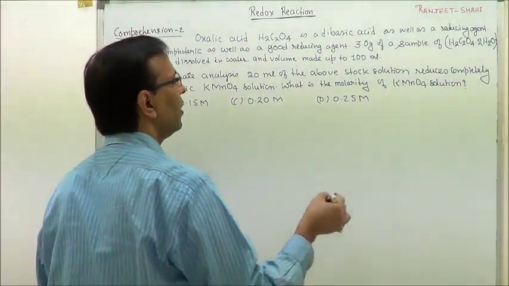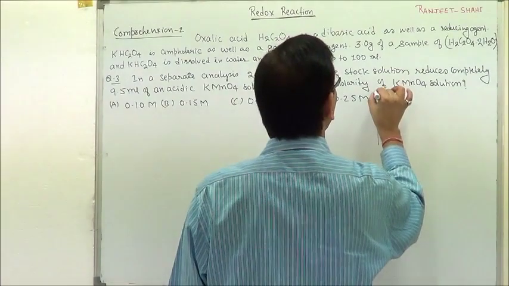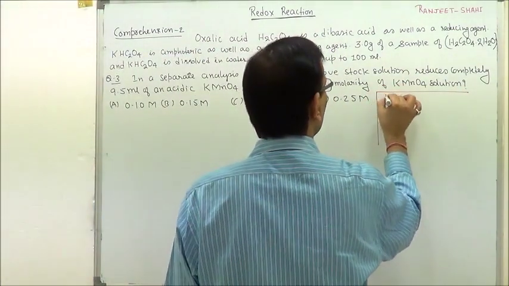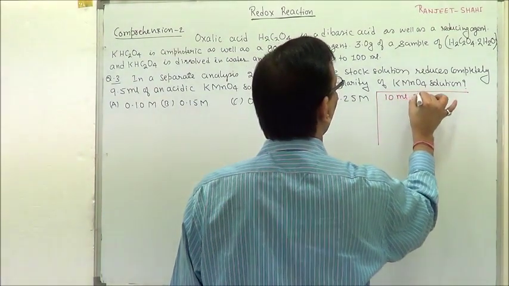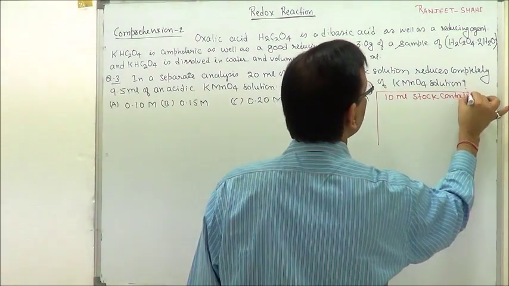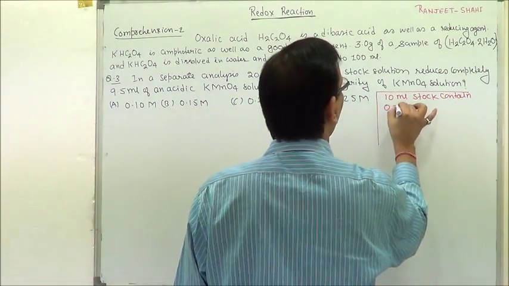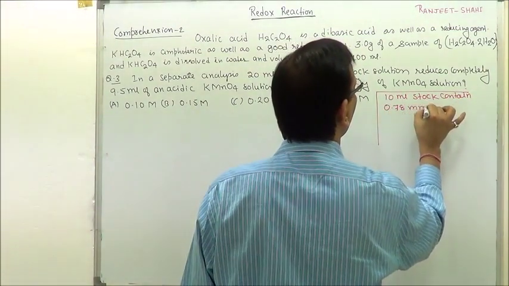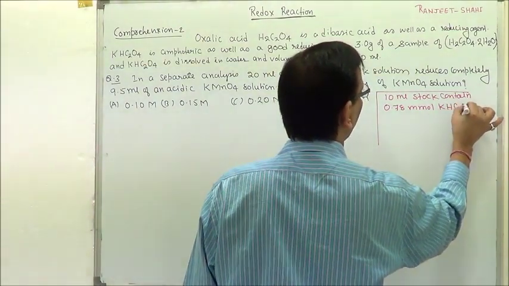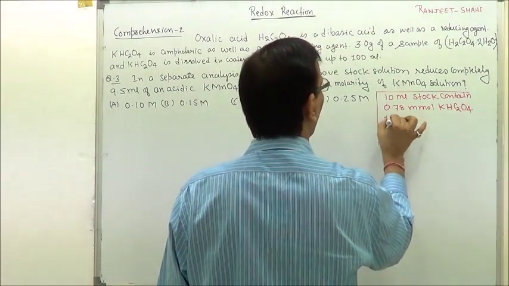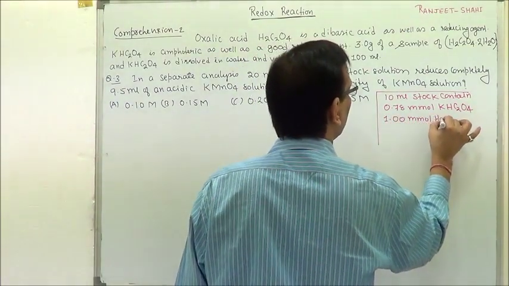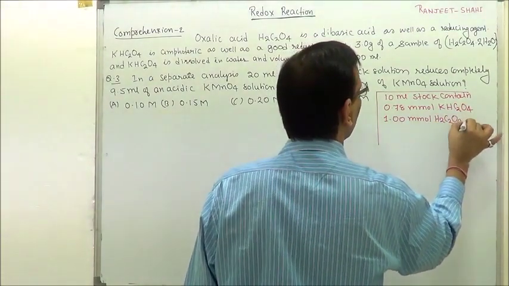Let us recall the previous information which we have derived in question number 1. 10 ml stock contains 0.78 millimole KHC2O4 and 1 millimole H2C2O4.